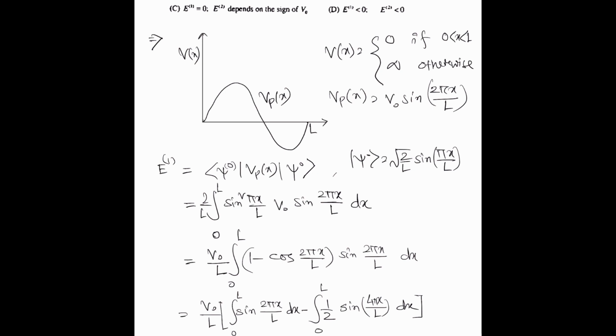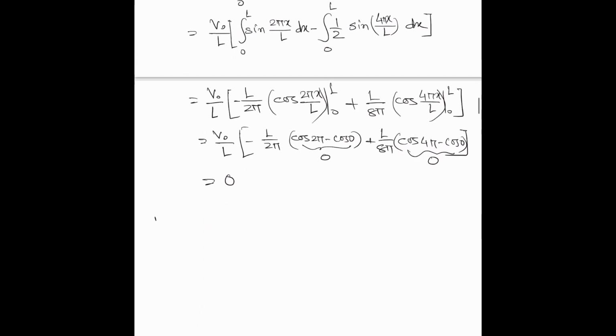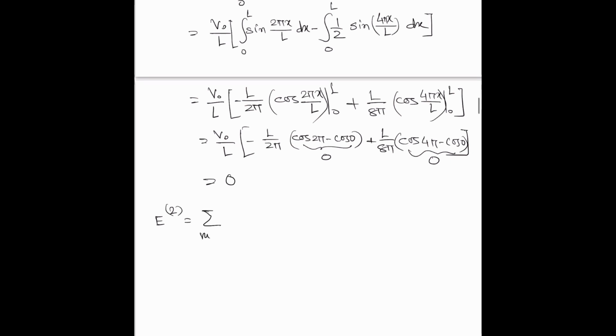So let's go to the second order correction to the energy, and the formula is the sum over m not equal to 1 of modulus square of psi m0 V_p psi 10, divided by E10 minus Em0. Here E10 is the ground state energy.